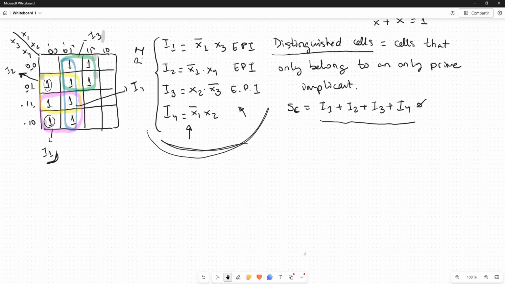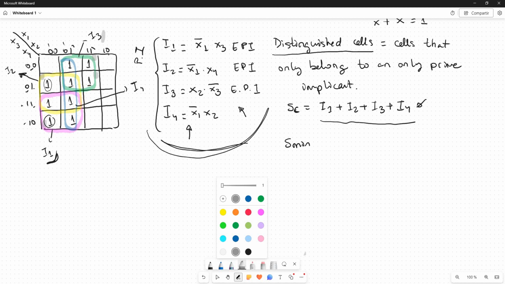How to obtain the minimal sum? We have to look for the essential prime implicants. So the essential prime implicants are implicant 2. We are going to see how many ones are covered with implicant 2. I'm going to use a different color. So we are going to start with implicant 1, just to have an order.